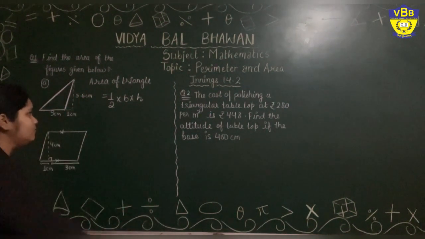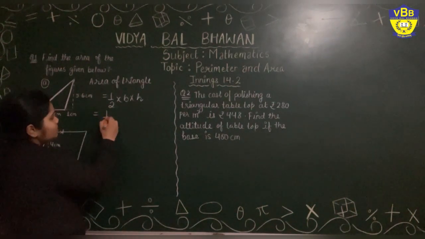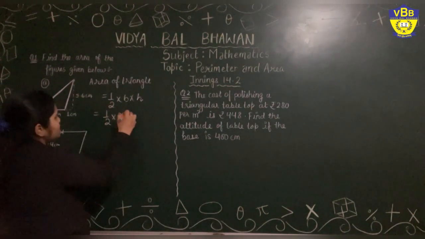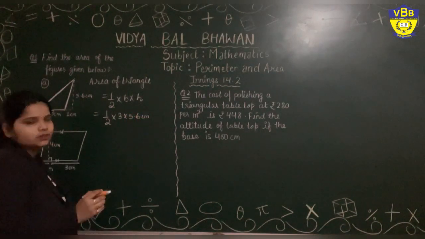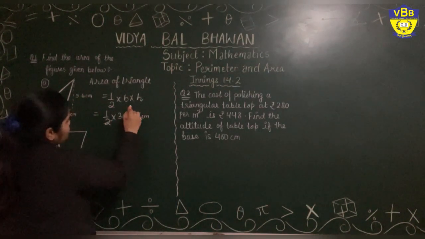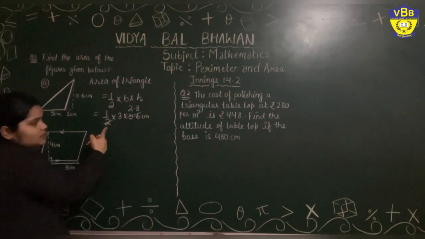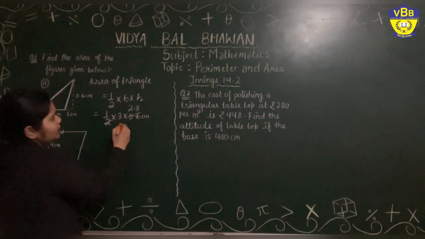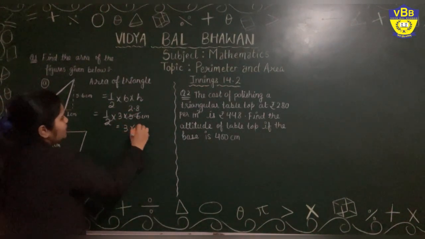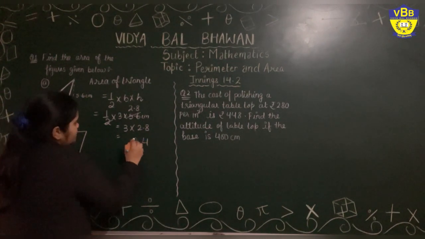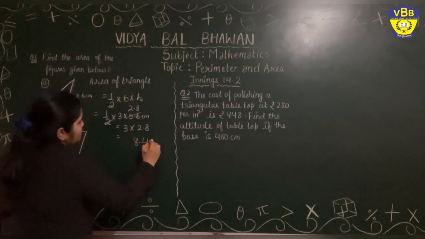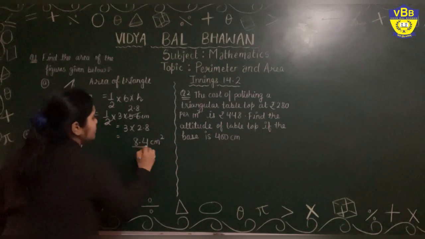Substitute the values in the formula and solve. 1 upon 2, base is 3, height is 5.6 centimeter. Simplify 5.6 with 2, you will get 2.8. That is 3 multiplied by 2.8, which is 8.4 centimeters square.